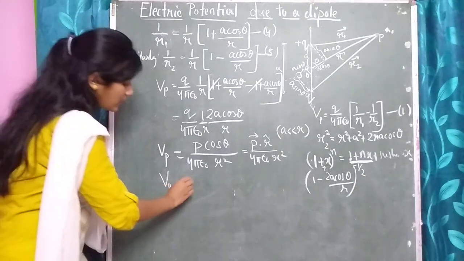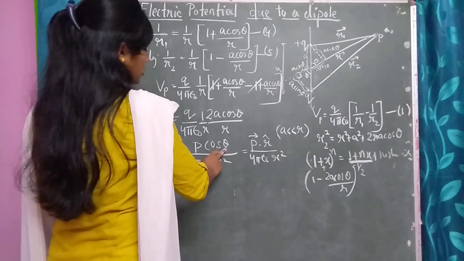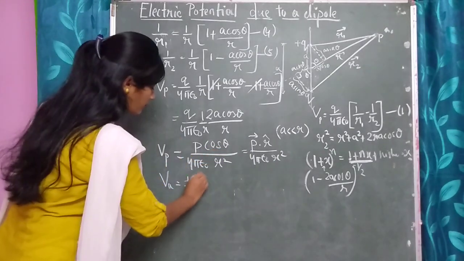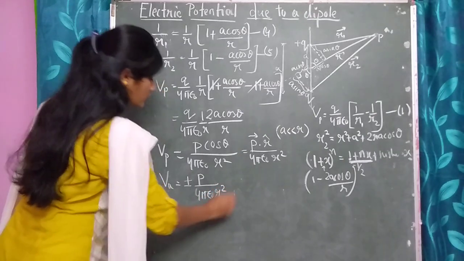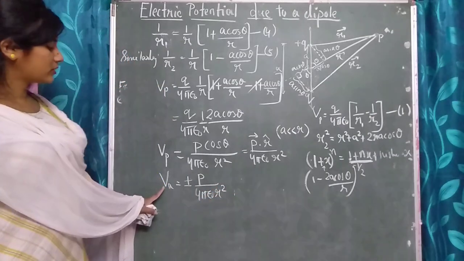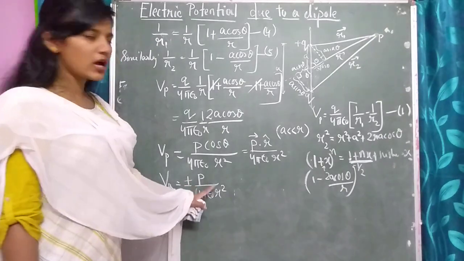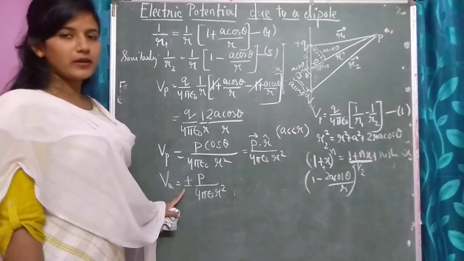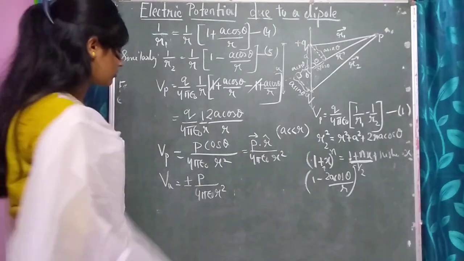For axial we can write plus or minus, with cos 0 being 1. So p by 4 pi epsilon naught r square for theta 0, plus p by 4 pi epsilon naught r square, and for theta 180 I will write minus p by 4 pi epsilon naught r square.